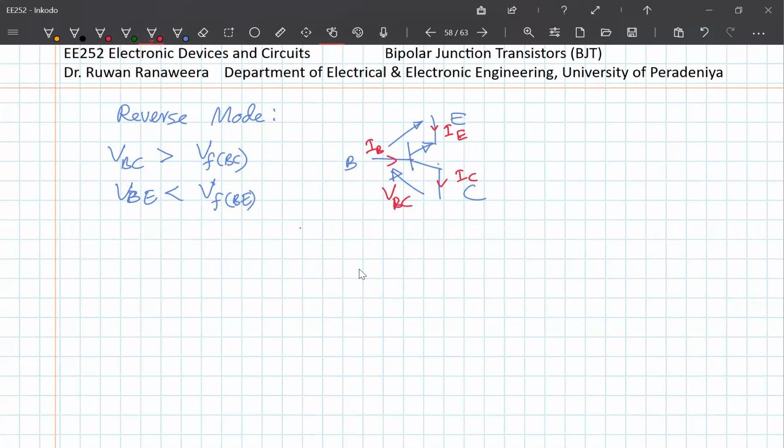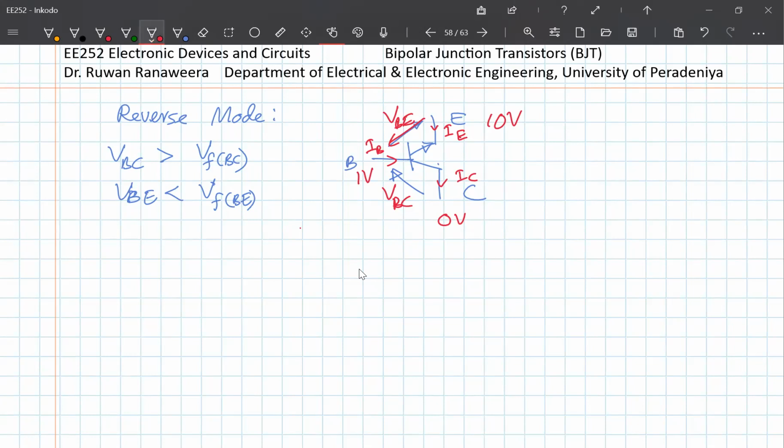VBC is forward bias, but VBE is negative. Let's say, for example, this is 0 volts, this is 1 volt, and this is 10 volts. Under such situations, this is not what is expected.